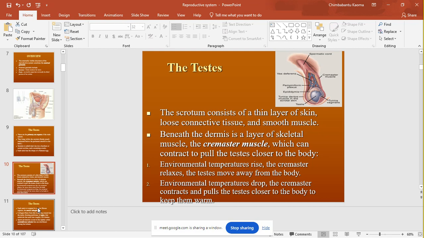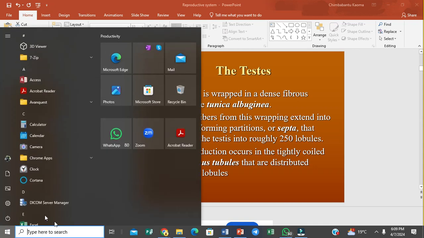Do you know where the testes come from embryologically? Do you have an idea? Are we together, guys, or am I speaking alone? Following?